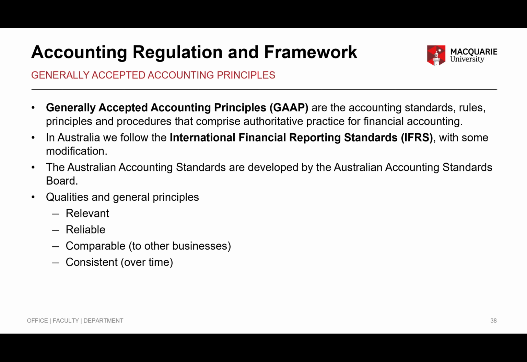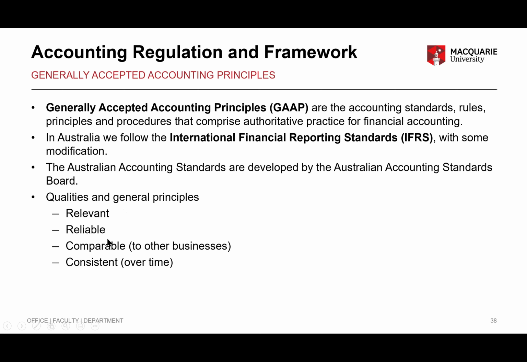Okay, and there are some general principles and qualities. Under IFRS, we have the conceptual framework, which has some qualitative characteristics that all businesses have to follow. So the reports that they produce have to be relevant to the users.